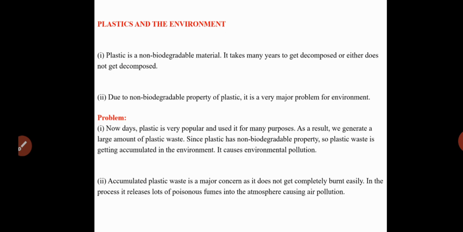Due to this property it is a major problem for the environment, causing water pollution, soil pollution, heat pollution and other pollutions, which is very dangerous. What is the problem made by plastic?